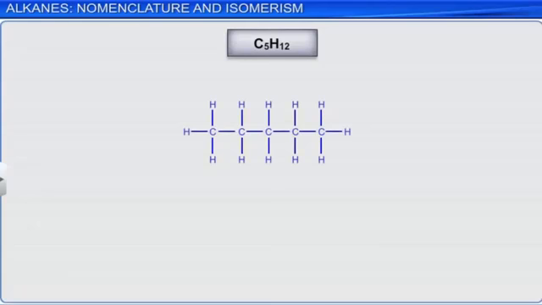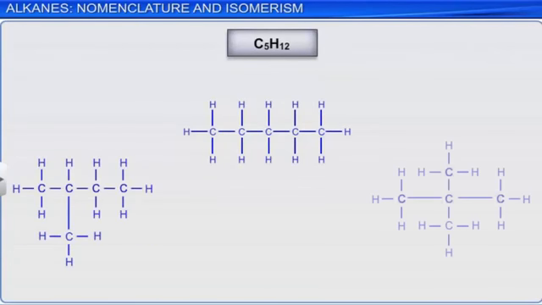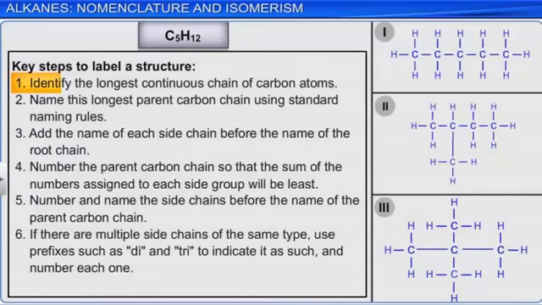Let's again look at the 3 structures that we had obtained for pentane, C5H12, and label them as structure 1, 2, and 3. Now, first identify the longest continuous chain of carbon atoms. Structure 1 contains 5 carbon atoms.